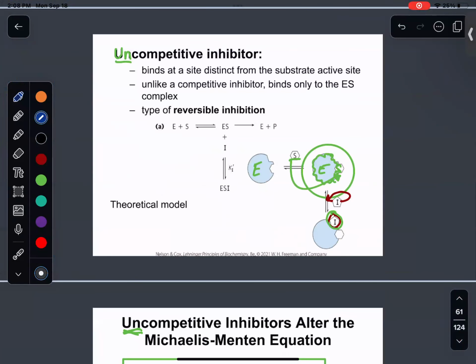Competitive, you bind to the enzyme itself without the substrate. Uncompetitive, you bind to the enzyme substrate complex when the enzyme and the substrate have already come together. And that's all we really went through so far. I hope that answers your question. If not, just go ahead and type it out and leave it on the side, and I'll definitely get back to you with a more in-depth explanation. Okay, all right, good. Excellent.